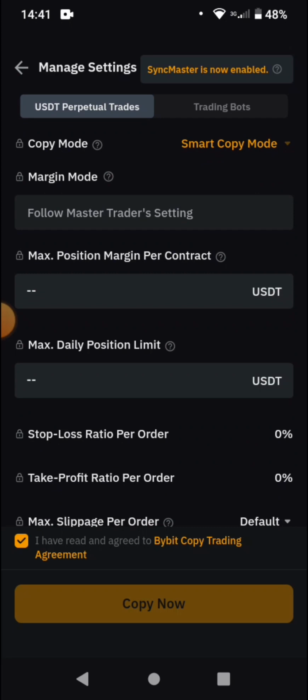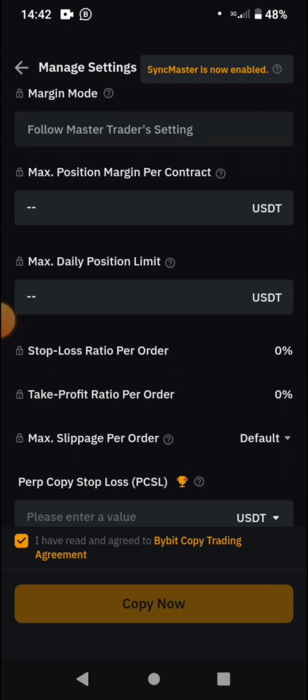Let's say the trader is trading maybe 20 times a day, you are just going to enter 5 times a day, or just one time, or 2 times a day. So you are basically giving an order to the trader. This is what the daily position limit means. After one position, 2, or 10 positions, then you are comfortable.